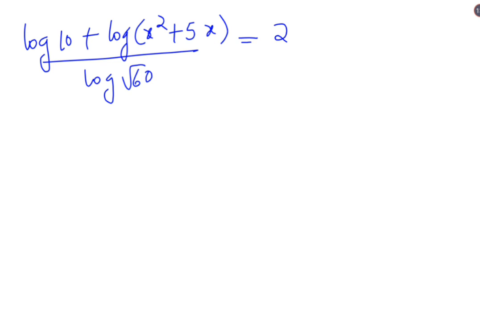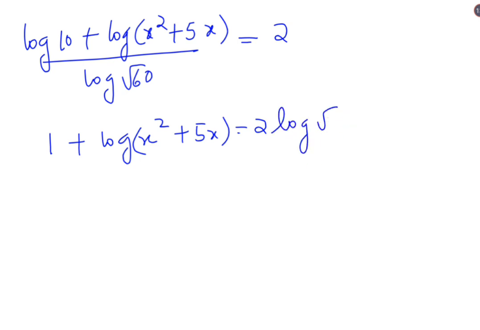So what happens in this case is, log 10 we can take as 1 plus, we'll keep log of x square plus 5x as it is, and here we will shift this over here. So log root 60. Okay, so instead let's just keep log 10 also as it is. I will tell you why. Because we need to get rid of the logs.